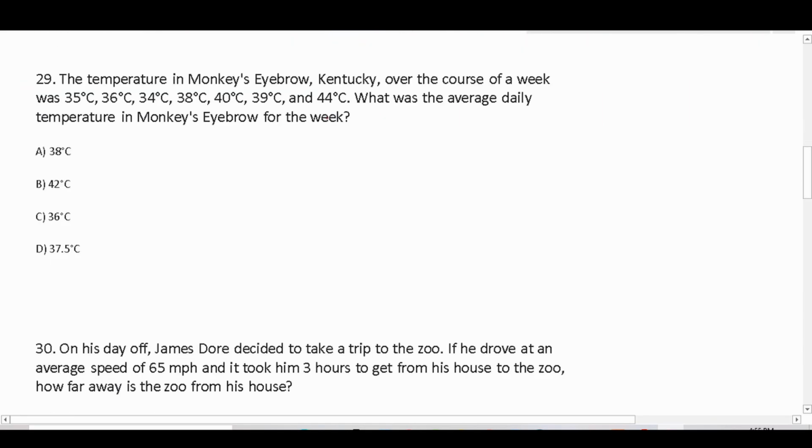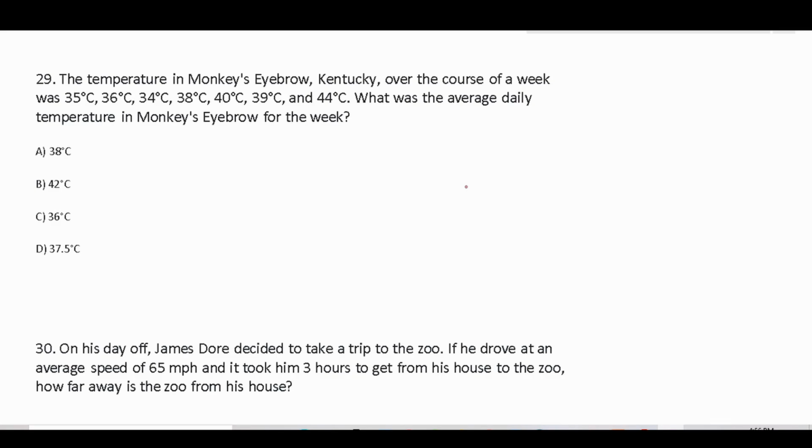Let's go ahead and move on to number 29. Number 29 says the temperature in Monkey's Eyebrow, Kentucky over the course of a week was 35 degrees, 36 degrees, 34 degrees, 38 degrees, 40 degrees, 39 degrees, and 44 degrees. What was the average daily temperature in Monkey's Eyebrow for the week?